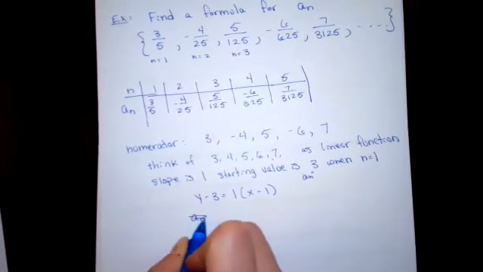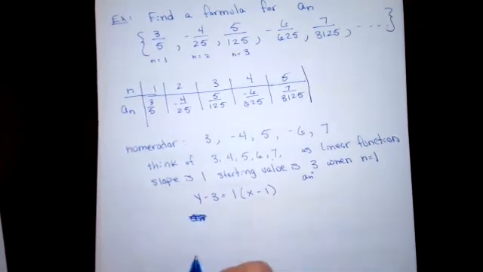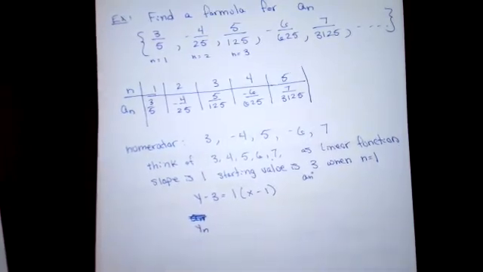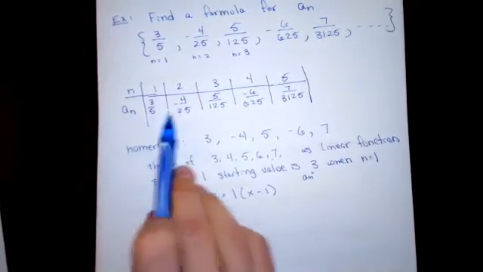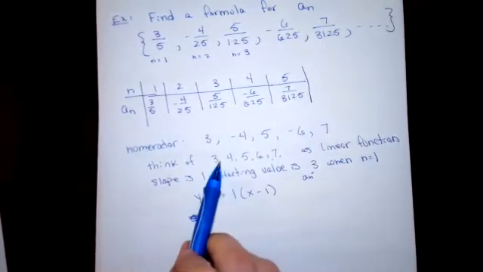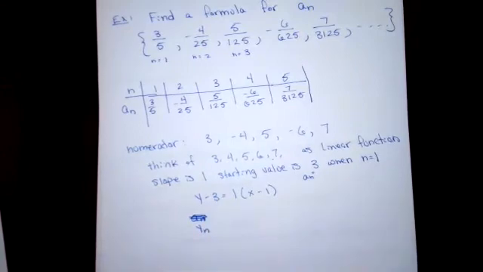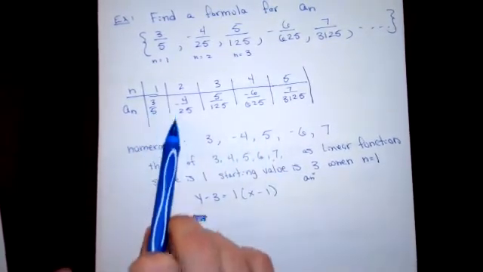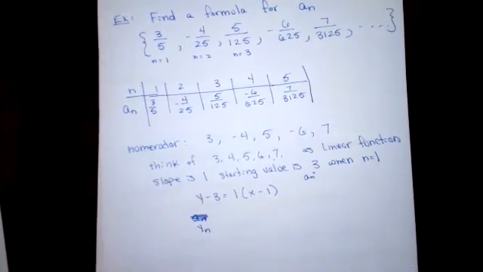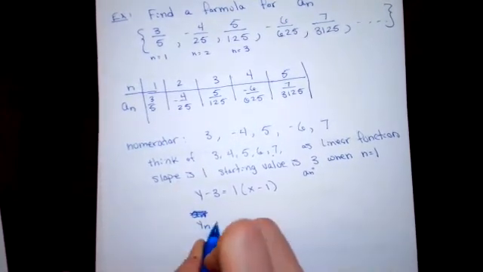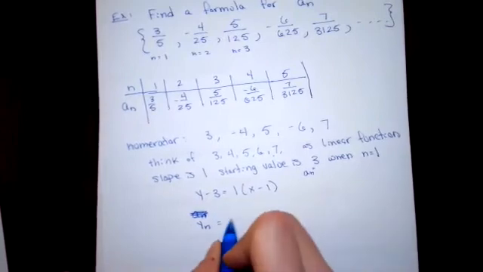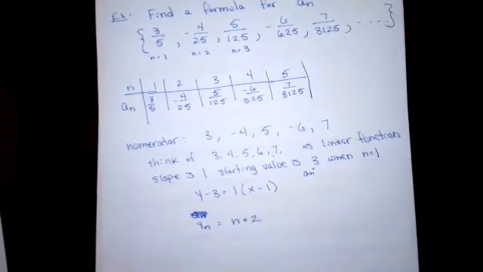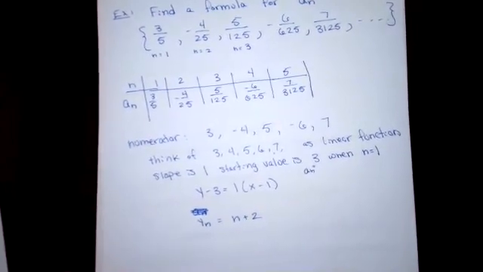Actually, let's use a different letter. Let's call it y sub n. Of course, my a sub n is my general term. I want to use different letters because I'm picking out what we might call subsequences, or sequences that relate to the pieces of the general sequence. So what is that going to be when I distribute? I replace the x's with n, and we'll just get n plus 2.